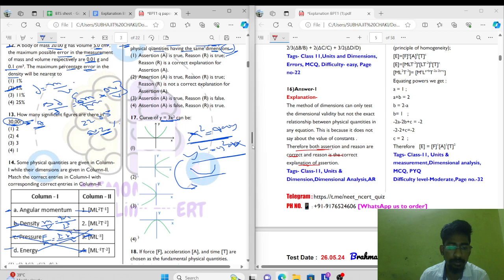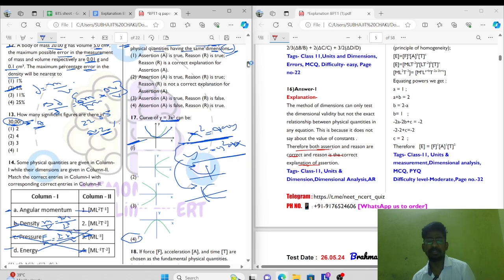In this equation, this is x squared, so I think we can say option number 1 looks like the correct one. And why not this one? Because this is in the negative x axis, but here there is no negative sign, so it will be in the positive y direction. x squared equals y by 3, which matches this, right? So this one. This is a basic coordinate geometry problem.